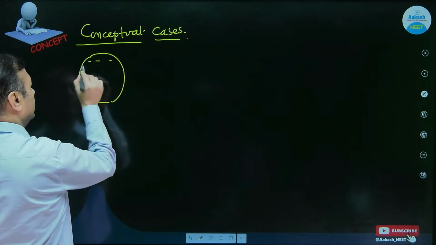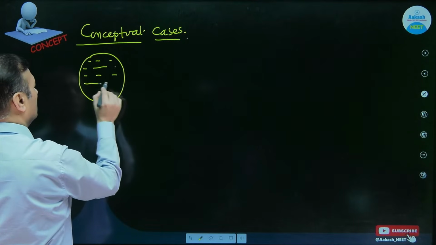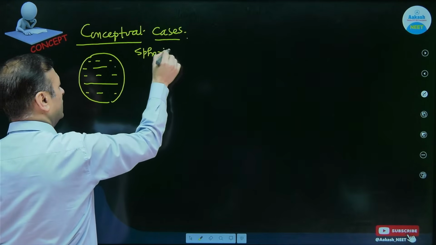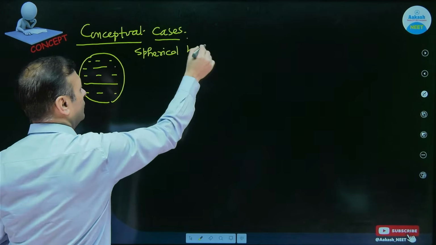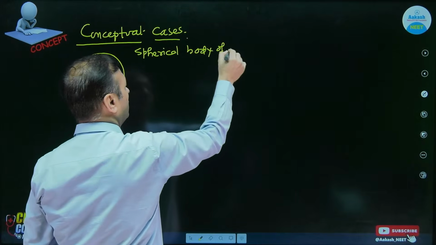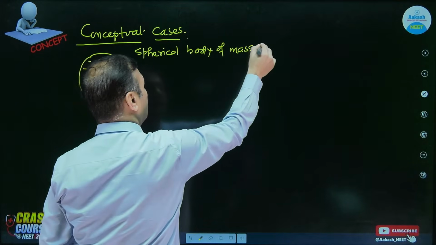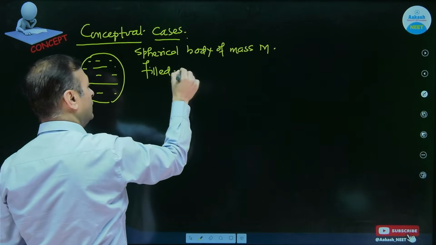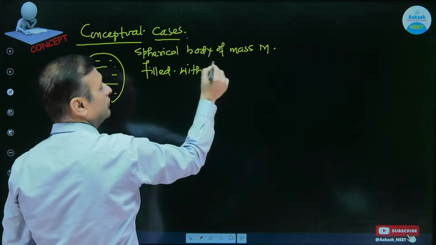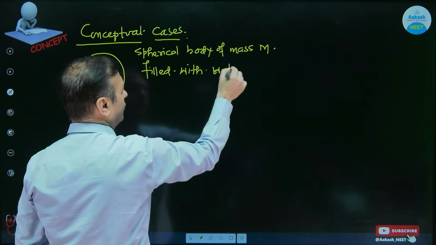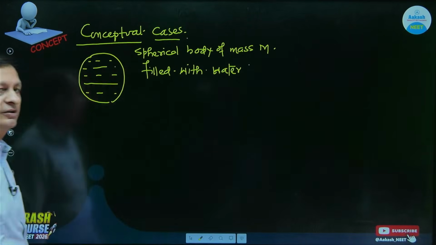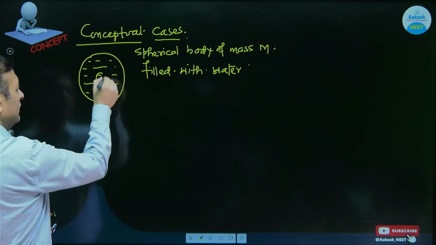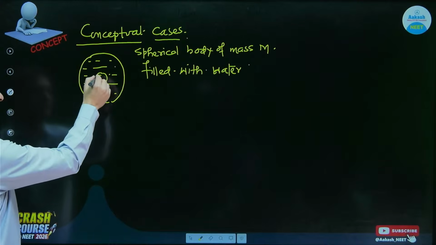We have a container, a spherical body of mass m, and this is, let's suppose, filled with maybe water or sand, whatever it is. Got it? And this is completely filled. Its center of mass is initially at the center of this.